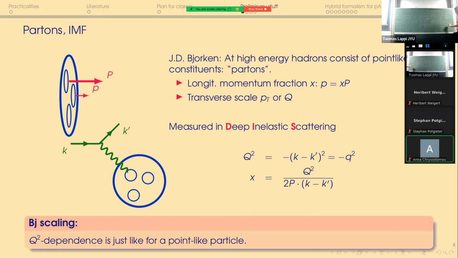And to make it a Lorentz invariant phase space for particles on mass shell, you put in a delta function of p plus minus m squared.